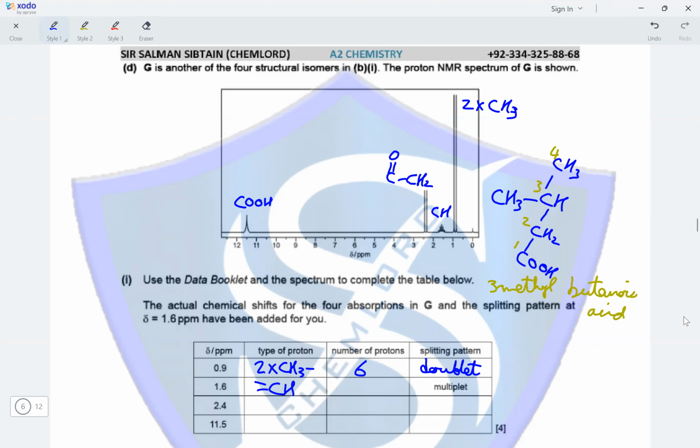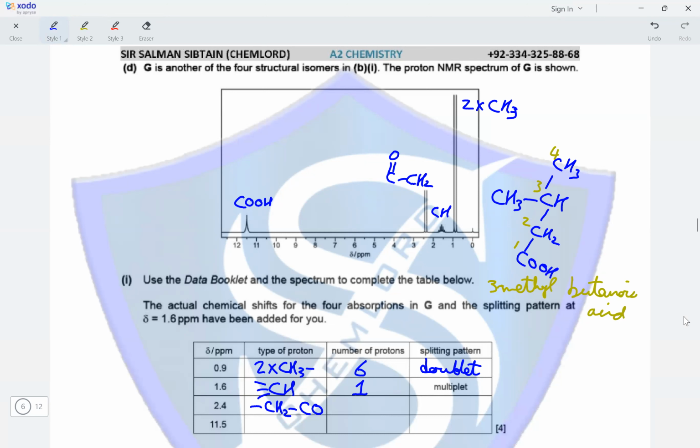So coming back to the table, this is a CH group attached to three alkyl groups having one proton in it, which is a multiplet. And if we look at the number of splits that are possible, the adjacent hydrogen atoms would be 3 plus 3 plus 2, 8, so 9 splits. The next peak at 2.4 belongs to the CH2 group next to the C double bond O group because of its position on the x-axis.